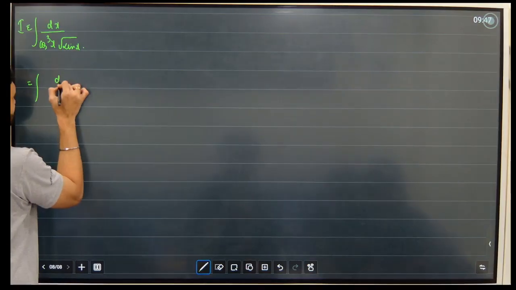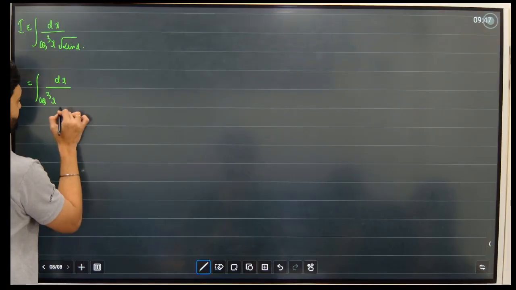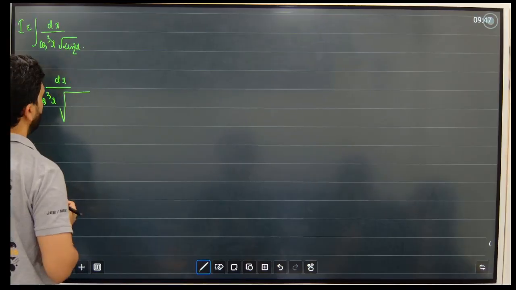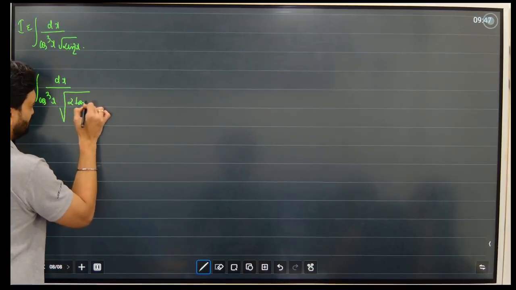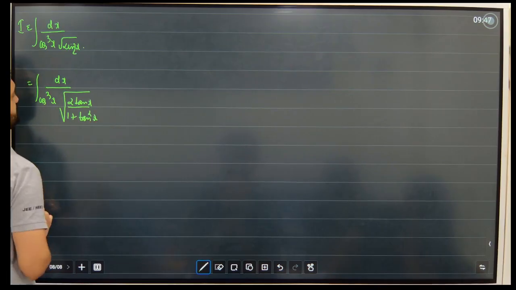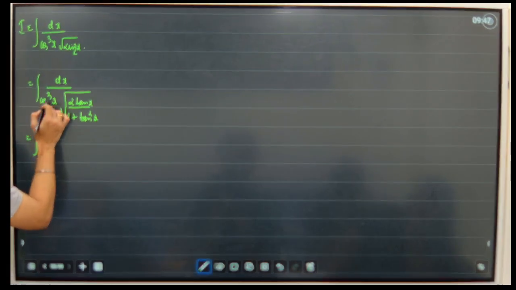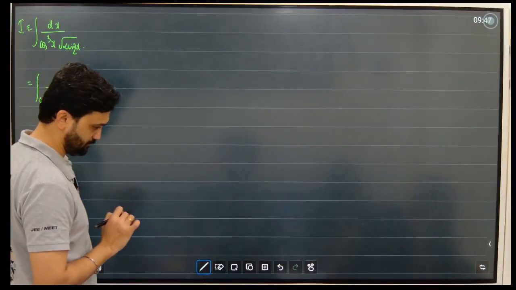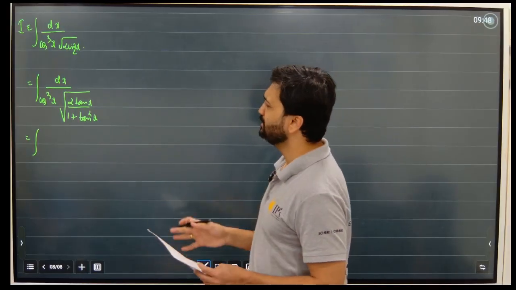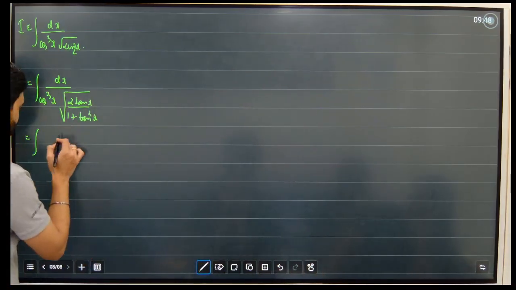So if I write it like this, sin 2x, sorry guys, is 2 tan x upon 1 plus tan square x. And 1 plus tan square x is sec square x. It is cos cube x, and I know that 1 plus tan square x is sec square x, root of sec square x.